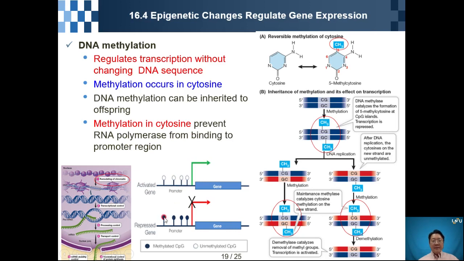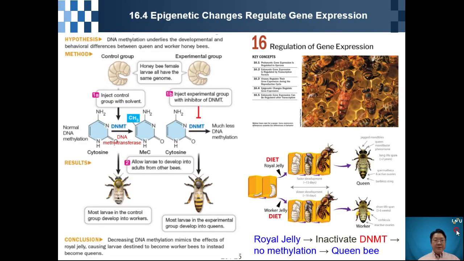However, if methylation happens in the promoter region, it prevents RNA polymerase from binding to the promoter region, so there is no transcription.